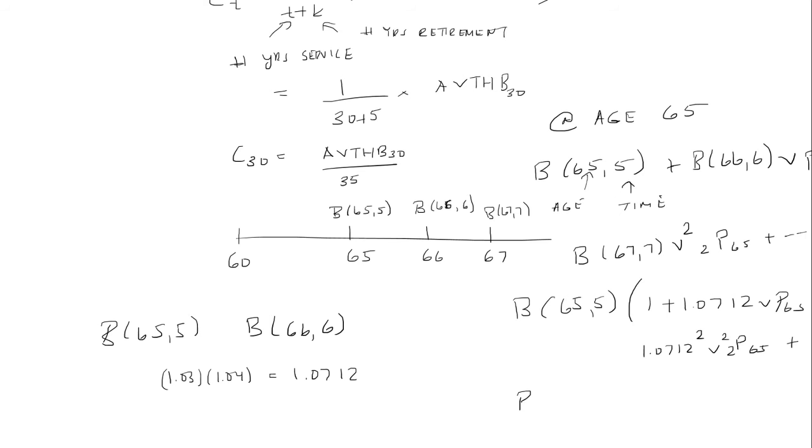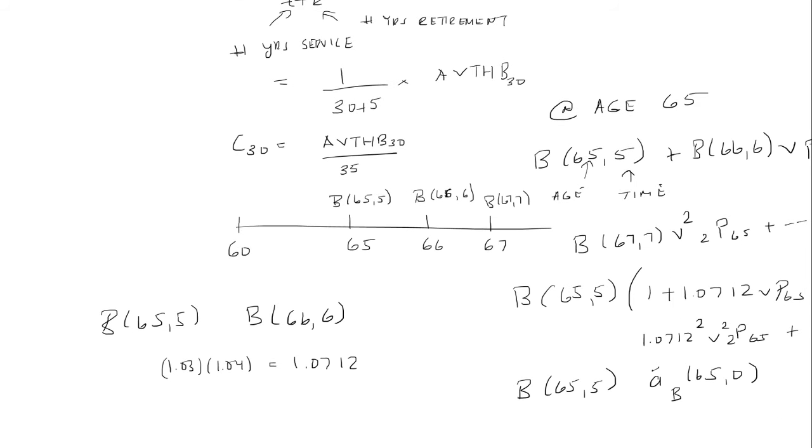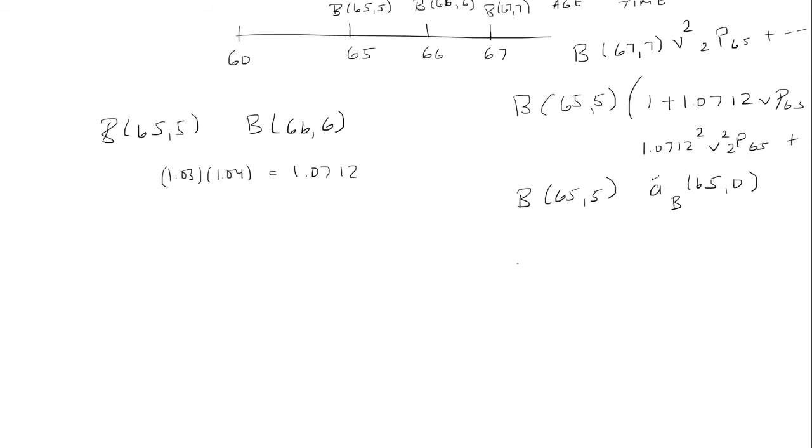What this becomes is just the annuity due. And now the B65.5, well, that's the benefit premium at age 65 multiplied by the inflation factor.